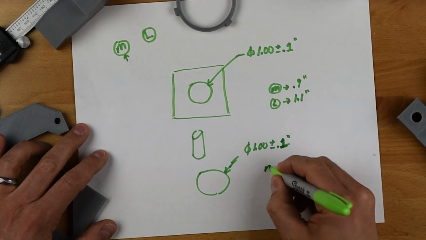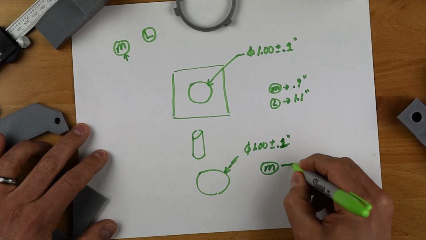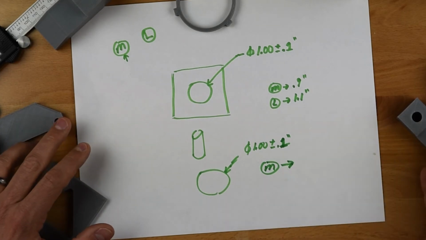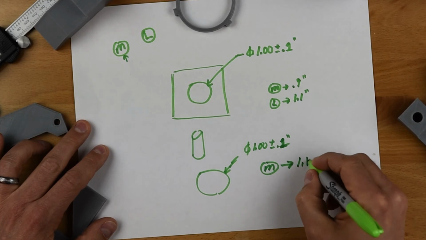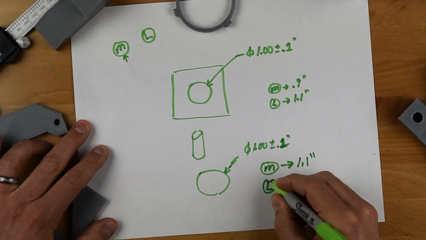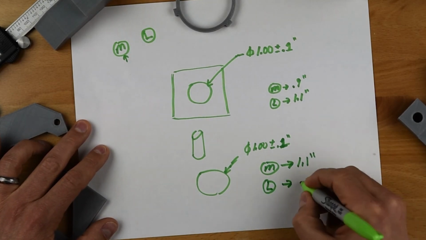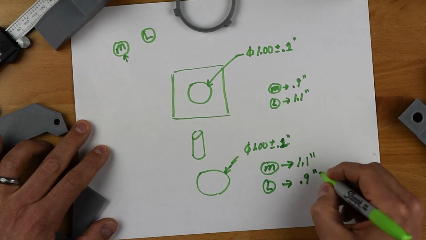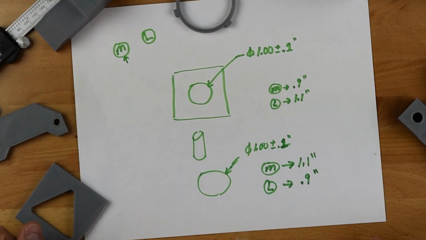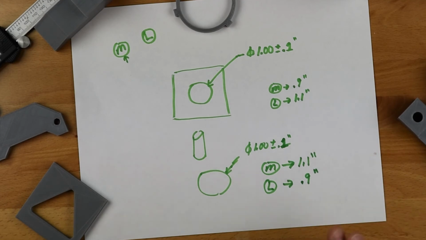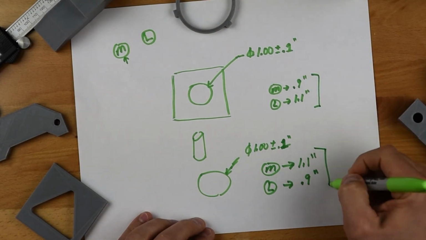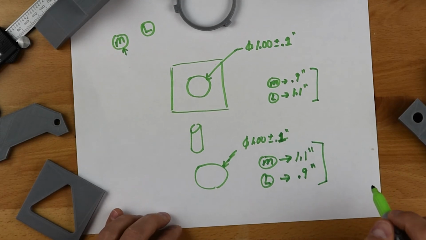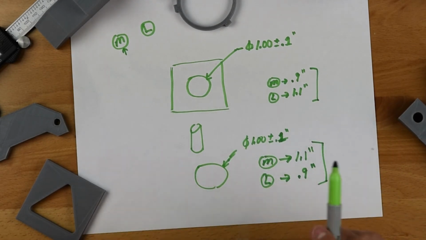Since we're dealing with a peg, maximum material is, I hope you guessed this right, the largest peg, and least material condition is the smallest peg. We've got it, right? 1.1 and 0.9. Those are what the maximum material condition and the least material condition are, in this case for a hole, in this case for a peg.